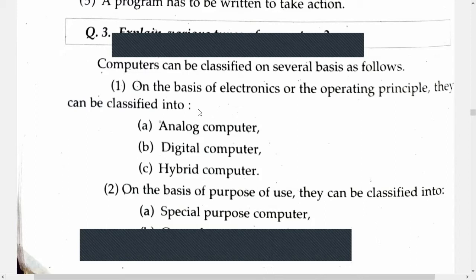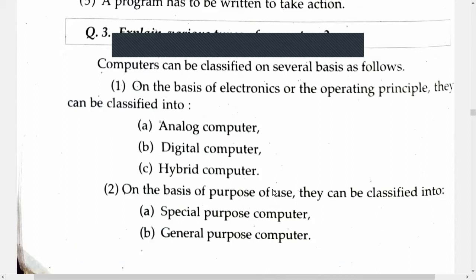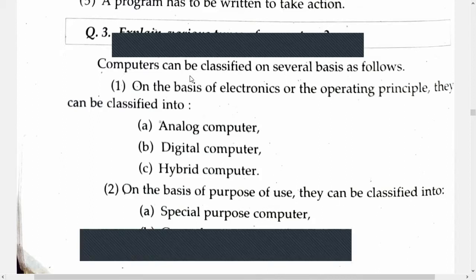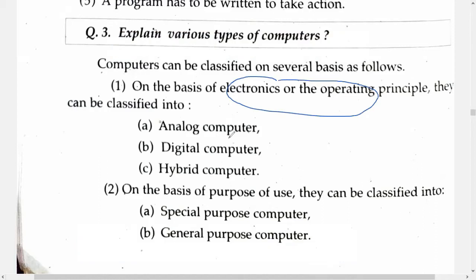On the basis of electronics or the operating principle, they can be classified into analog computer, digital computer, and hybrid computer. On the basis of purpose of use, they can be classified into special purpose computer and general purpose computer.